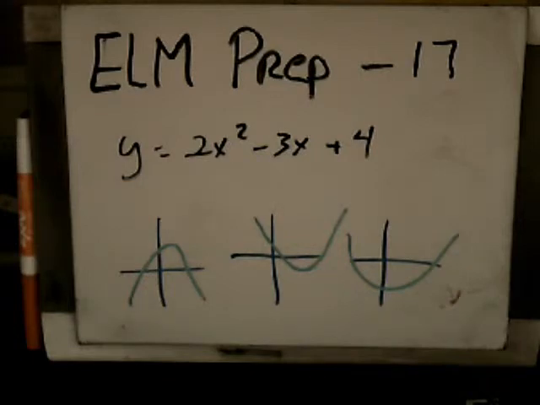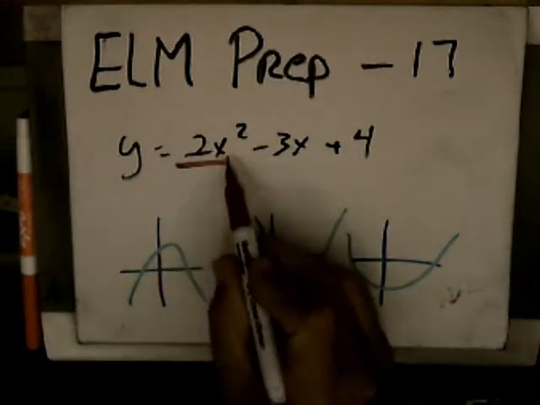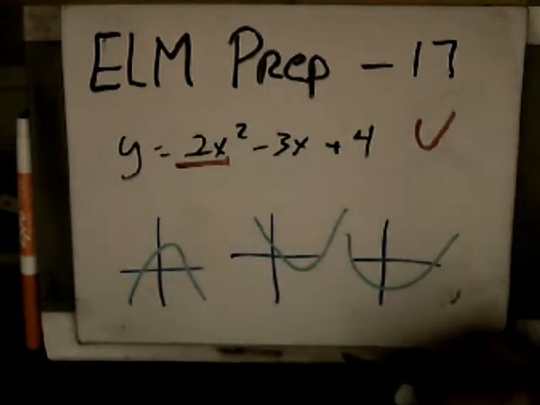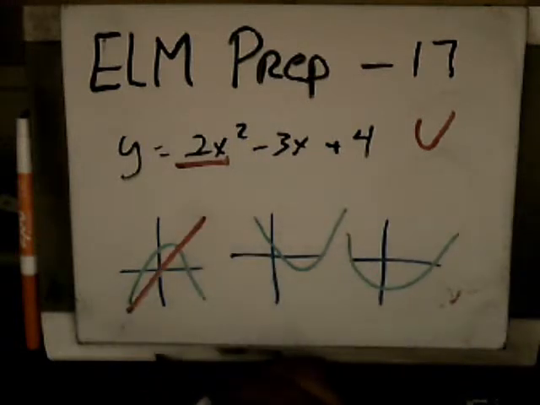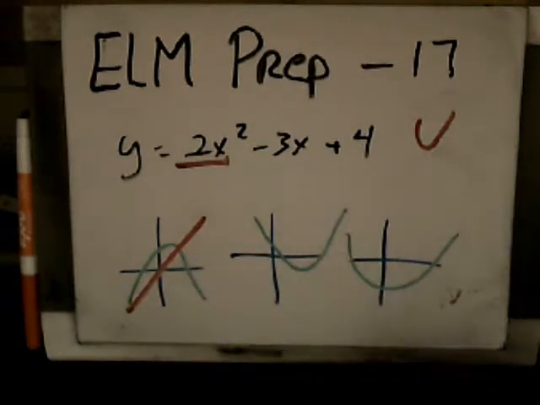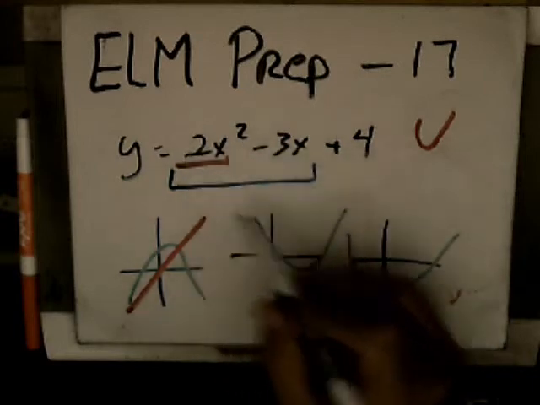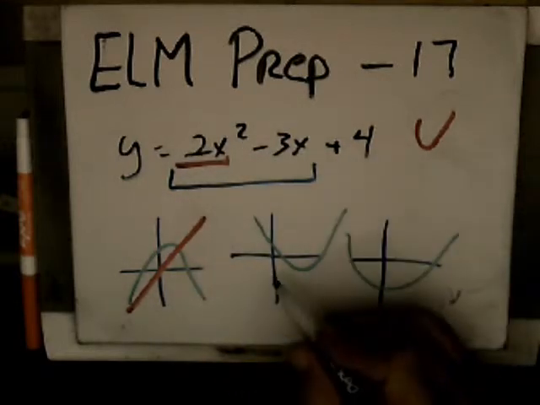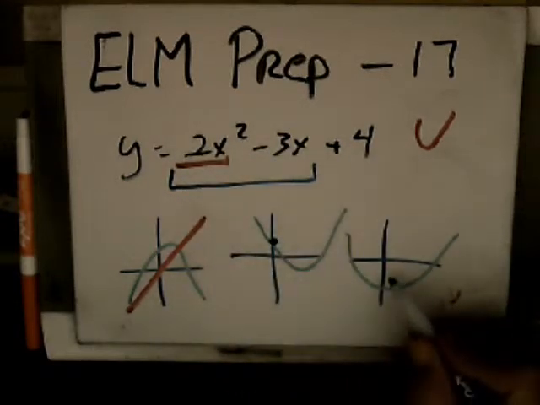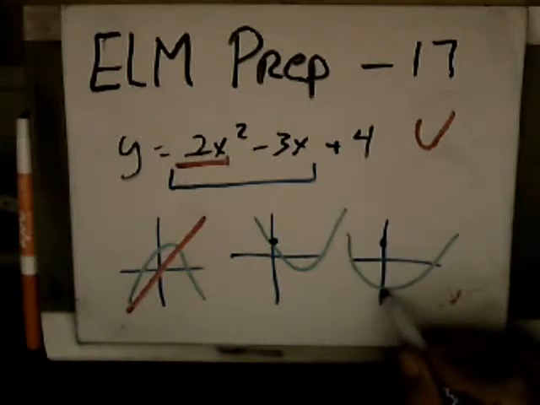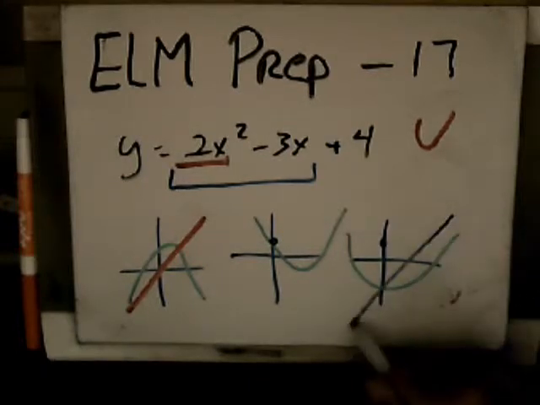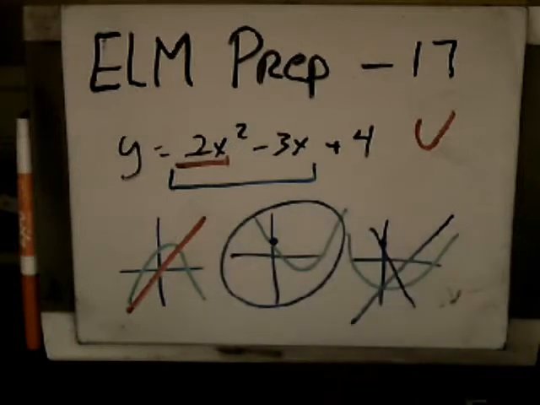All right, well, first thing I do is look at the leading term of the x squared, and it is positive, so it's U-shaped up. Well, this one's out. U-shaped up, U-shaped up. Okay, I now have 2. So if I let x equal 0, all that goes to 0, and I'm left with 0, 4. 0, 4 is possibly there, possibly there. This is obviously a negative, so this one is out, and I would take this as my choice.